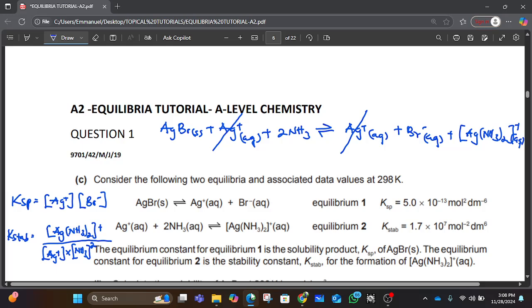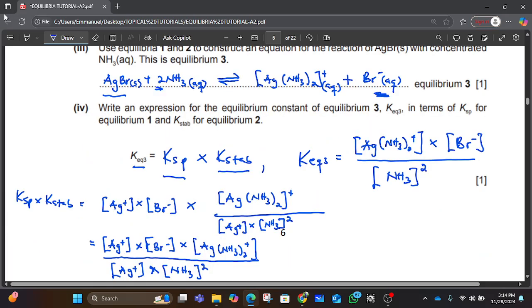Now, if we multiply these two equations together, we get concentration of Ag plus ion times concentration of Br minus, which is from the KSP, times the concentration of the complex divided by concentration of Ag plus times concentration of NH3 squared, which is the K star.